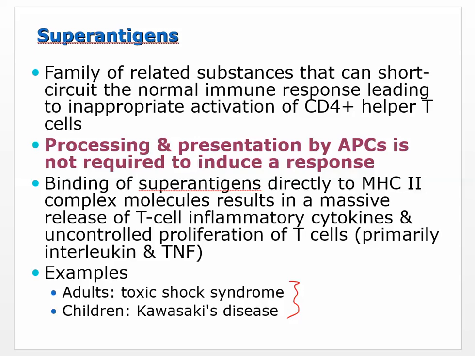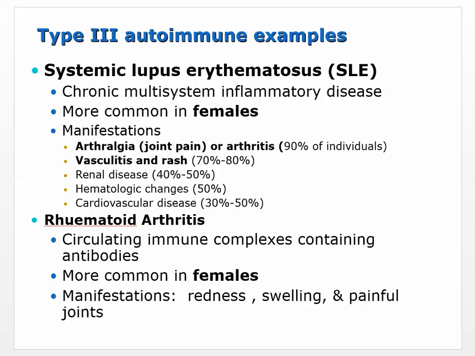Okay, let's see. So here are a couple of type 3 autoimmune examples. Systemic lupus, we already talked about that. Essentially, what's going on with systemic lupus is that it seems to be body specific. It attacks a number of different cells.